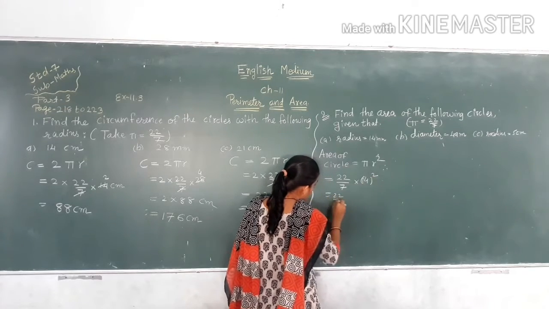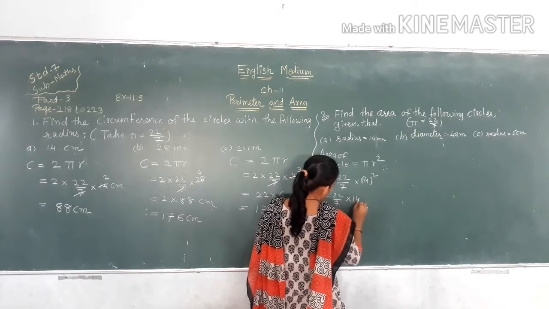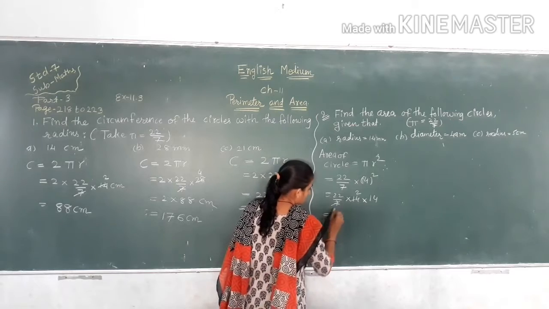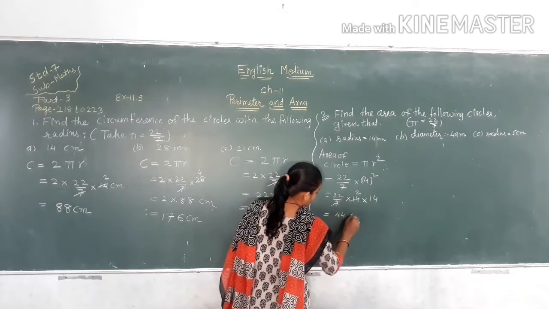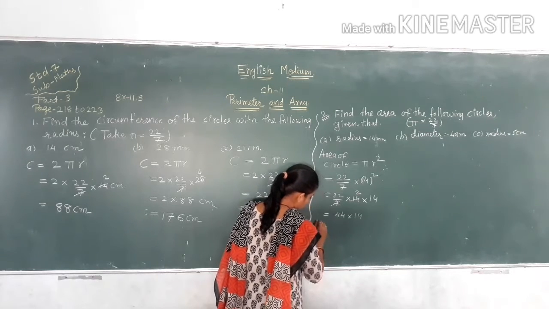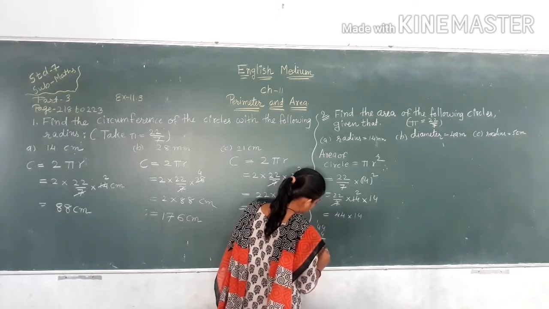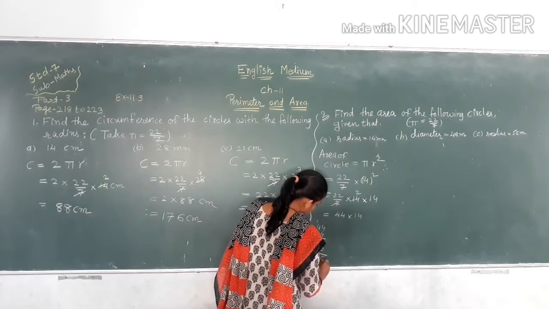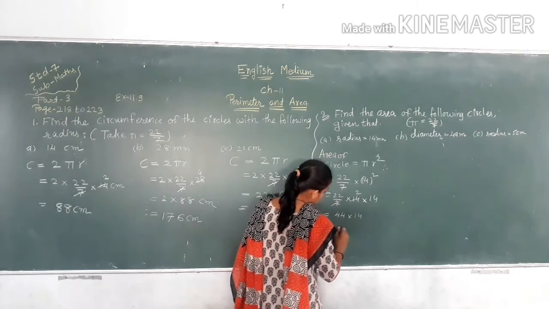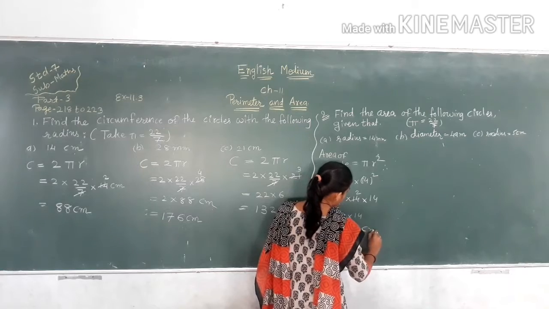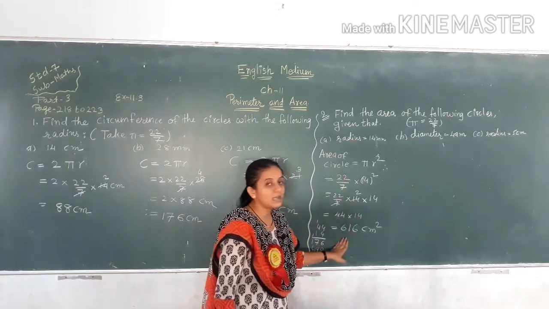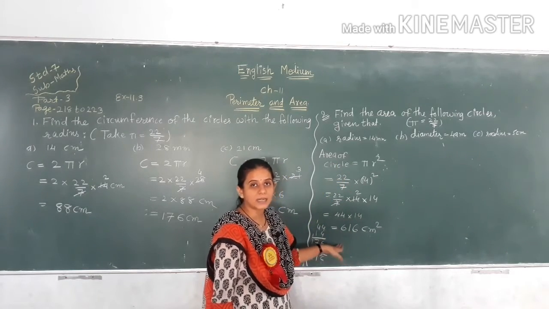So 22 out of 7 multiplied by 14 and multiplied by 14. 7 twos are 14, 22 twos are 44, multiplied with 14. 44 multiplied by 14: 4 fours are 16, carry 1; 4 fours are 16 plus 1 is 17. The answer is 616 centimeter square. The area of the circle is 616 centimeter square.